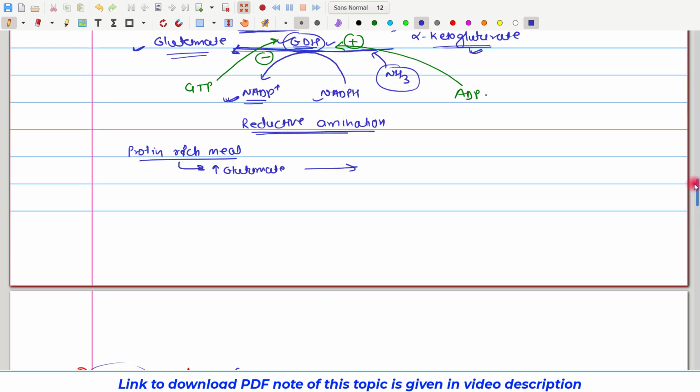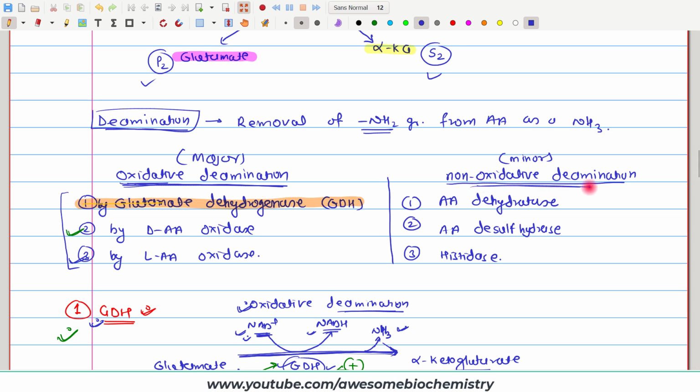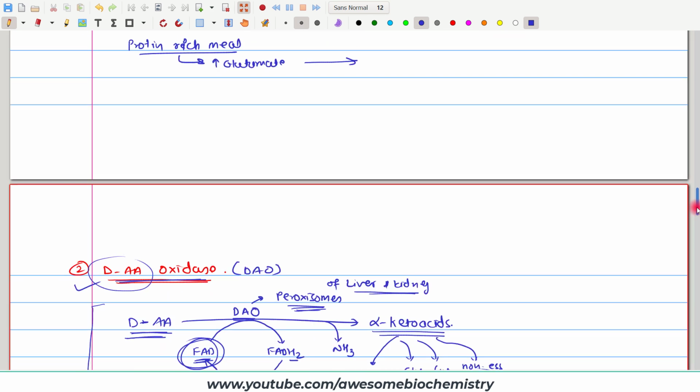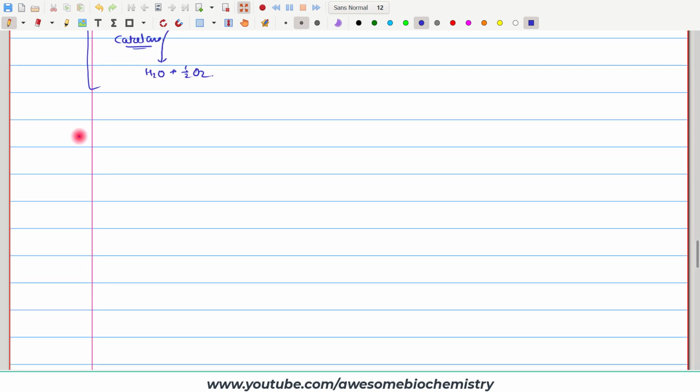Now, let us look at non-oxidative deamination. So, we have 3 types: amino acid dehydratase, amino acid desulfhydrase and histidase. Let us look at first, amino acid dehydratase. This amino acid dehydratase has action on hydroxyl group containing amino acids.